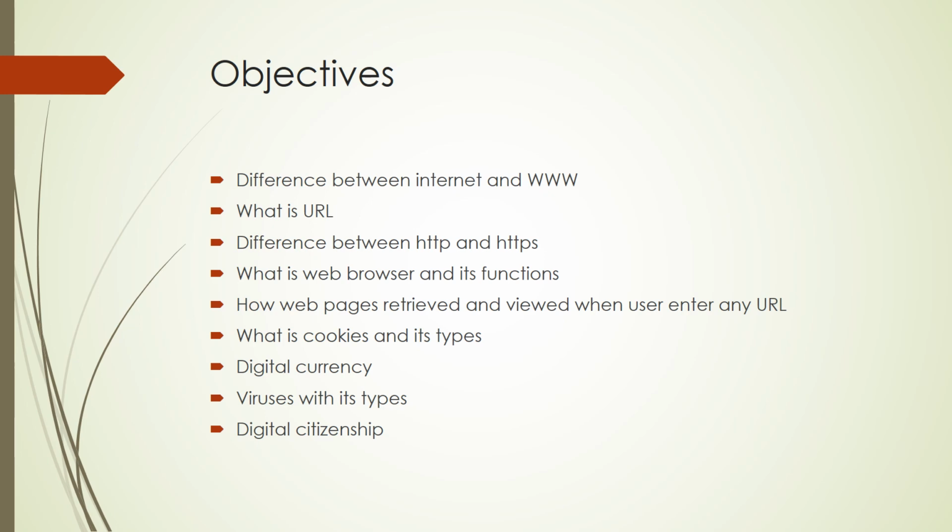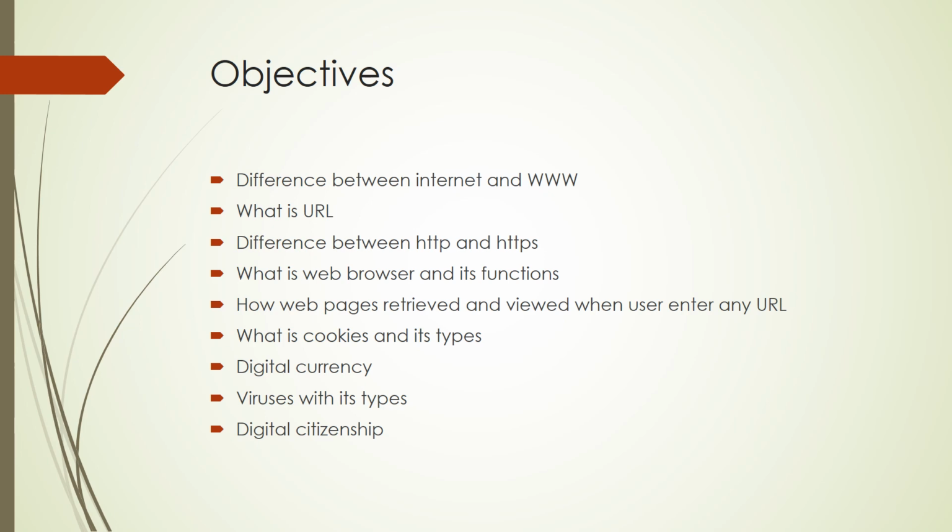as well. Then we will be talking about cookies and their types, then digital currency, viruses, and what the rules of digital citizenship are and how we can protect ourselves and protect others while using an internet connection.